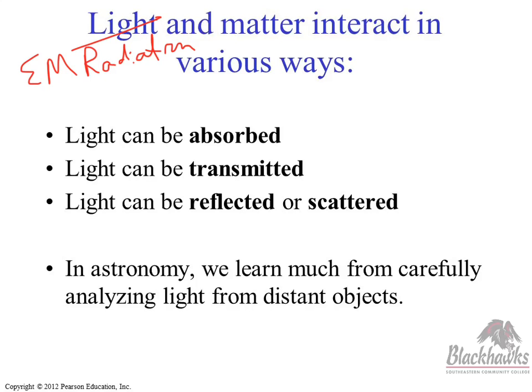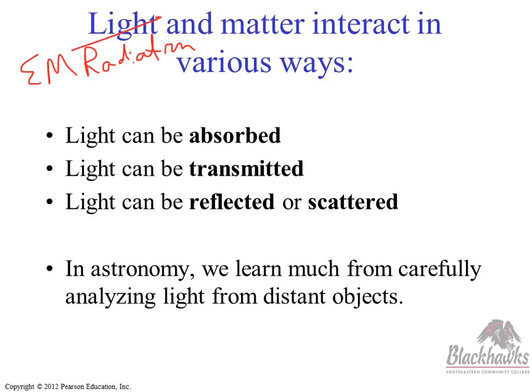when those cousins, including light, hit matter, and we talked about atoms on Friday, when that energy hits atoms, it can do one of an assortment of things. Those atoms can absorb that energy. Those atoms can allow that energy to go through. That's called transmission. Or those atoms can interact with that energy and send it.